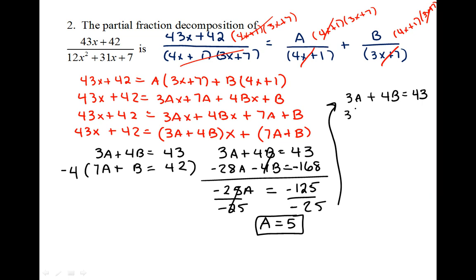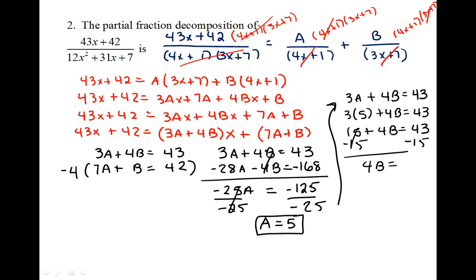So 3 times 5 plus 4b equals 43. So 15 plus 4b equals 43, minus 15 on both sides. 4b equals 28. Divide both sides by 4. So b is equal to 7.